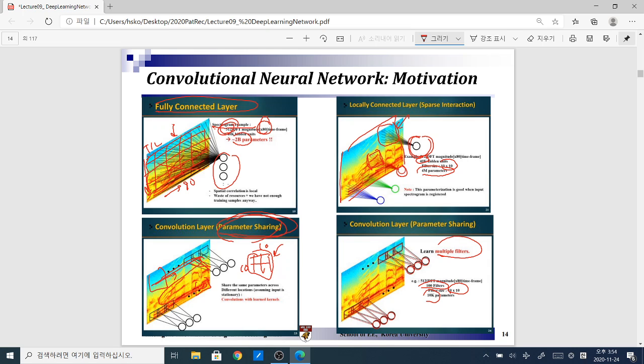So 10,000 is much, much smaller than, say, 4 million or even 2 billion parameters. So that's the beauty of using a convolution layer, because we are actually sharing the parameters. So this means that using about 100 filters, all of the 100 filters essentially capture the essence or the characteristics of the image as much as possible.